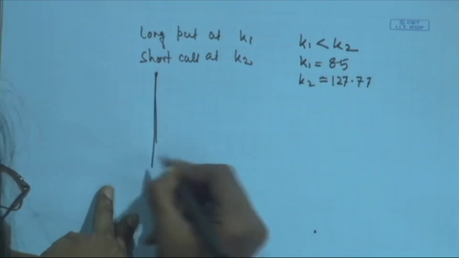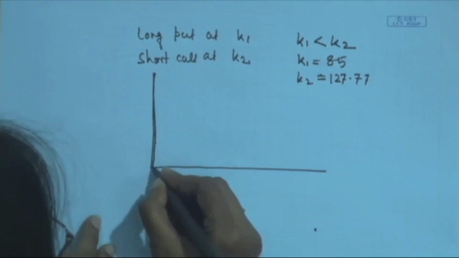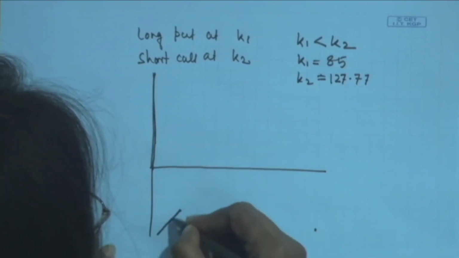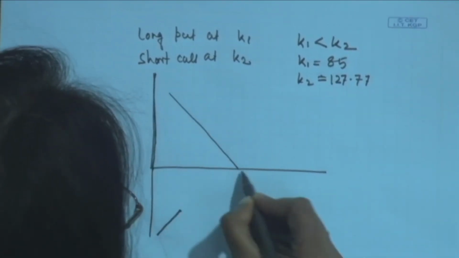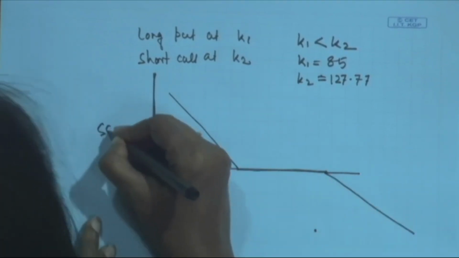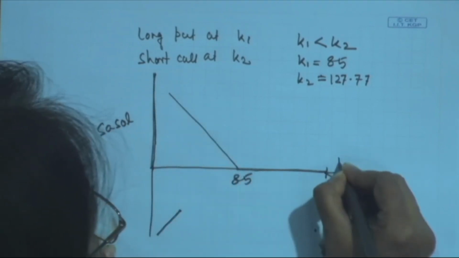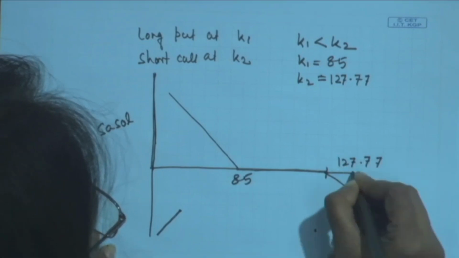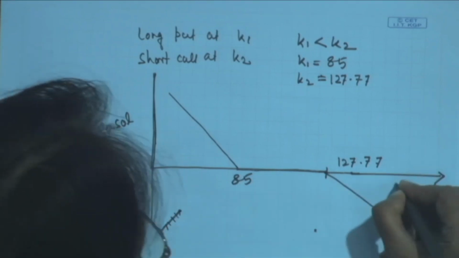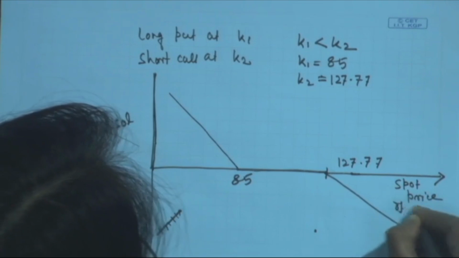So the payoff will look like this, for Sasol Limited. This is your 85, this is your 127.77. Please ignore this. This is your spot price of crude oil.